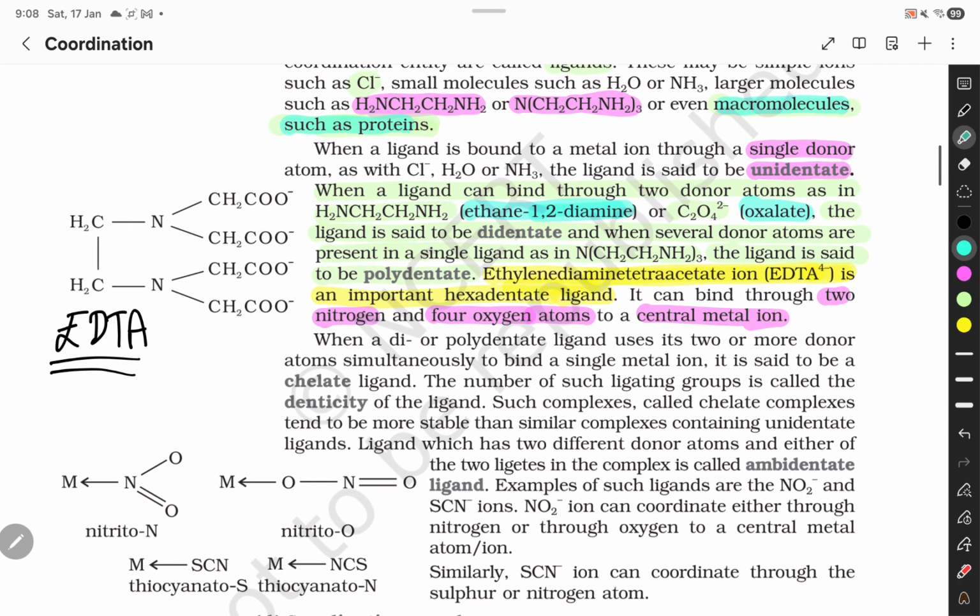Oxalate being a ligand, that everybody knows. And they gave ethylenediaminetetraacetate, EDTA, an important hexadentate ligand. It can bind through two nitrogen and four oxygen atoms. Obviously, we don't need to remember this structure, but it's fairly simple. It goes just by the definition.